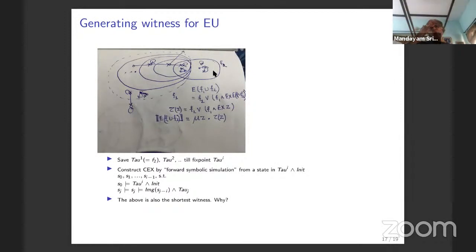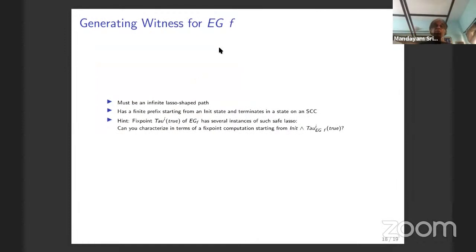Okay, you don't need to have an infinite path as a witness for F1 until F2. But for EG of F, by nature, the witness has to be an infinite path. Okay.